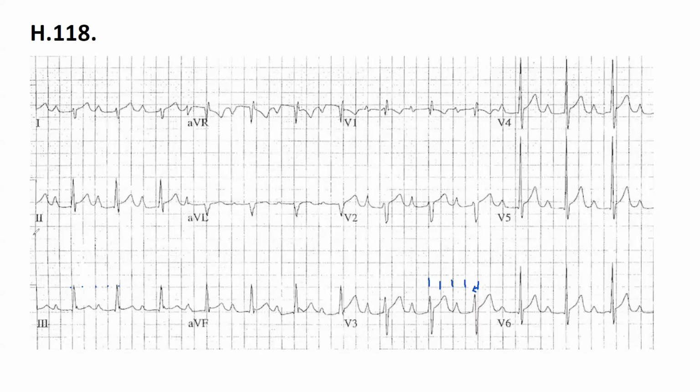Okay. Then looking at the origin of impulse, I can see P waves, and they are positive in lead number 2 and negative in AVR. So the P waves are present, but to me they seem elevated, peaked. Okay, you can see that it is peaked for sure.